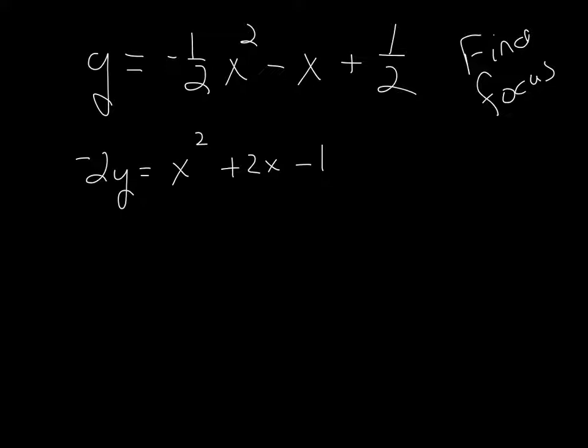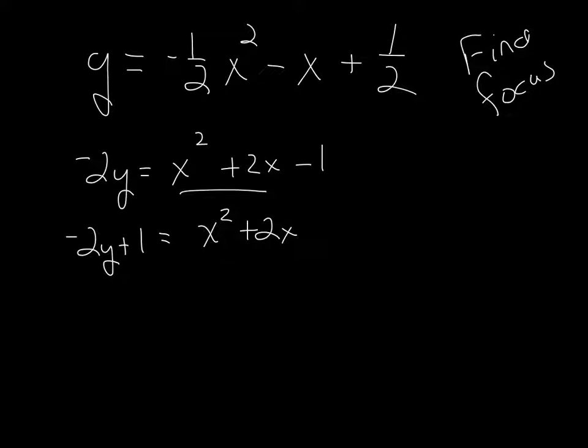All right, I can't factor that. So to complete the square, I'm going to keep these two terms on one side and add one to the other. Now, in order to complete the square, we take half of this term and square it.